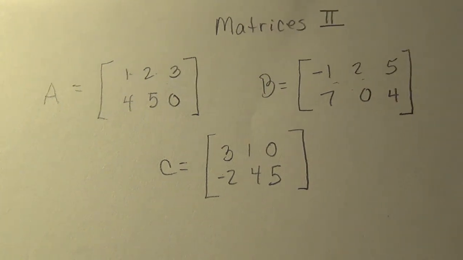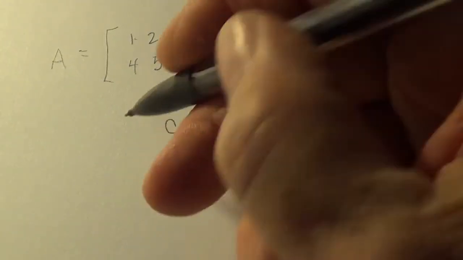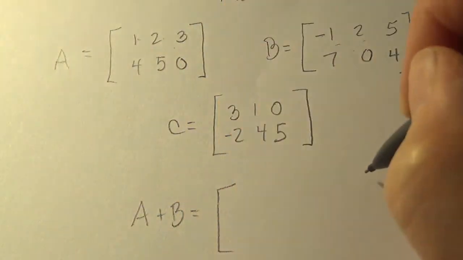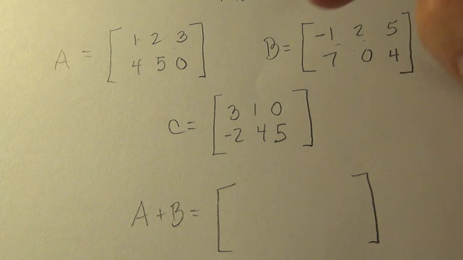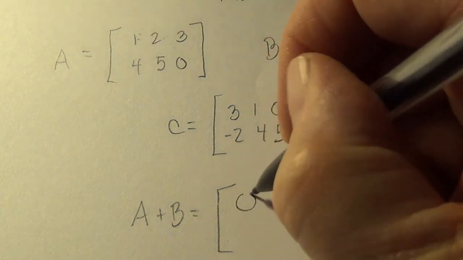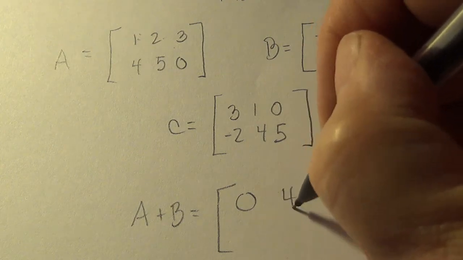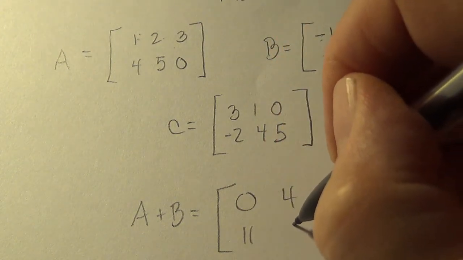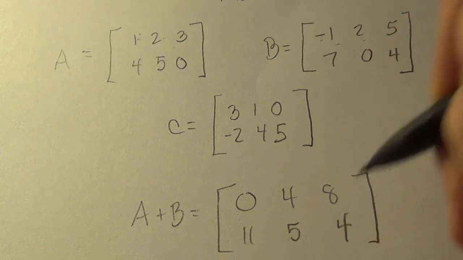So A plus B. Let's see what that would look like. So when I add A plus B, I would add 1 and -1, 2 and 2, 3 and 5, 4 and 7, 5 and 0, and 0 and 4.